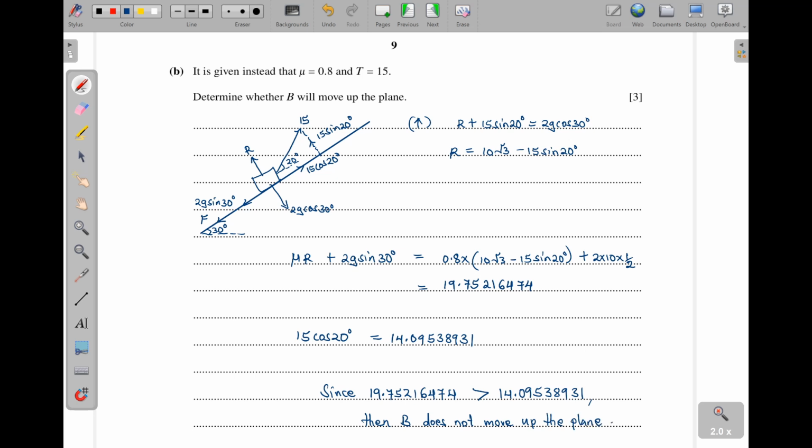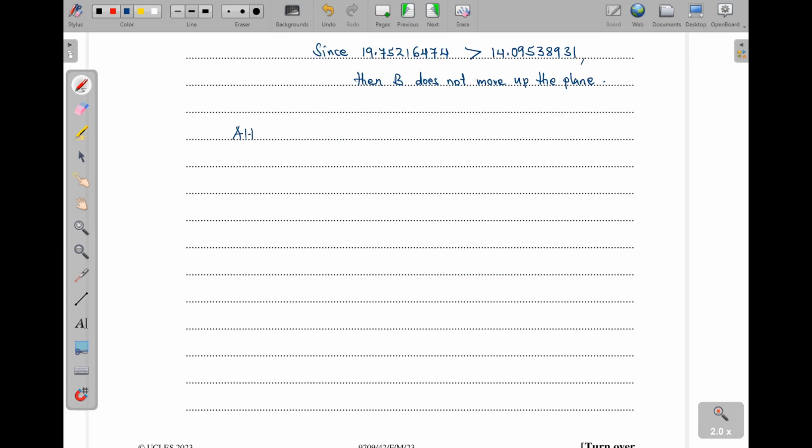Alternatively, you could find the new value of mu. Alternatively, you could use this one. Resolving forces horizontally, we have F plus 2G sine of 30 equal to 15 cos of 20. So this F is, remember, mu R. So plus the 2G sine of 30 is equal to 15 cosine of 20.